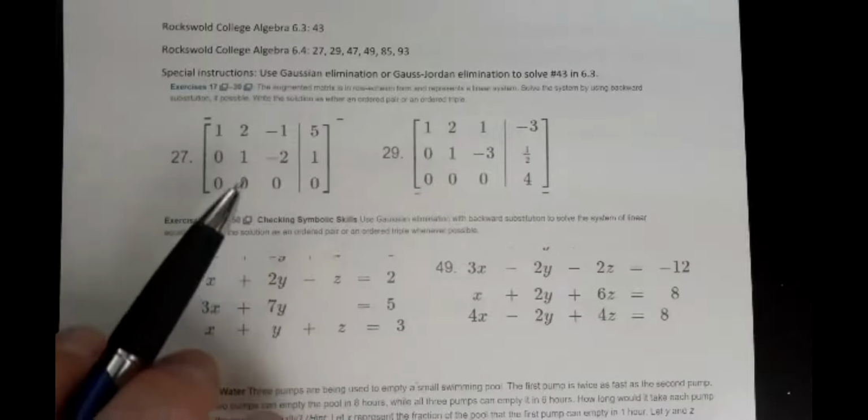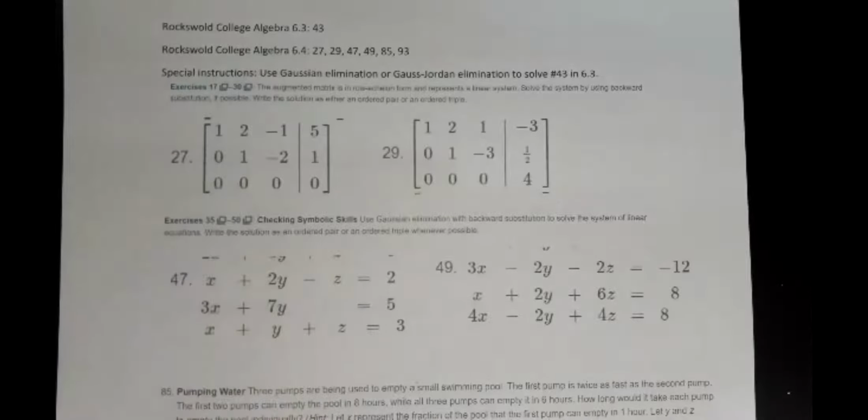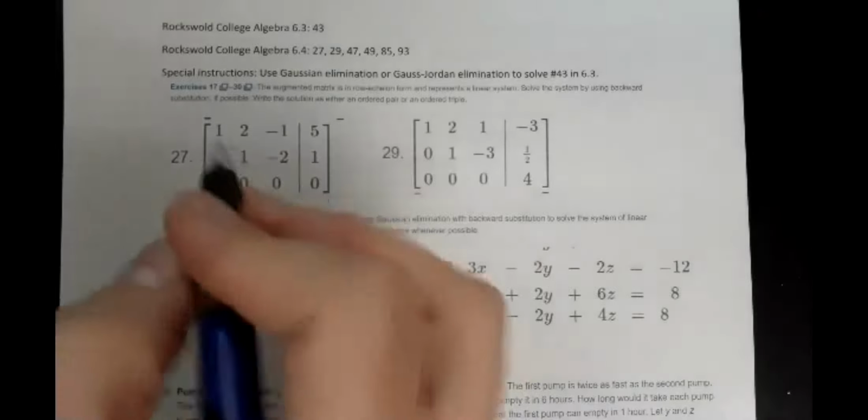What about 27? What sort of case is this? What's the telltale thing that you see here? One thing that stood out was 0 = 0 at the bottom. So doesn't that mean it's infinite possibilities?